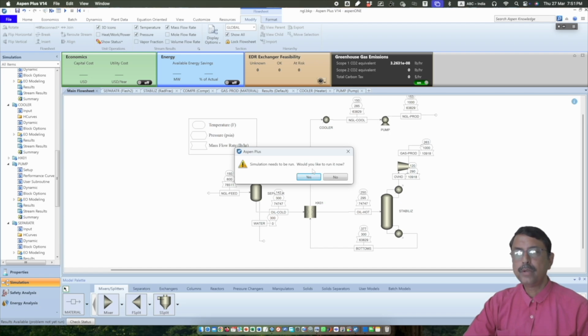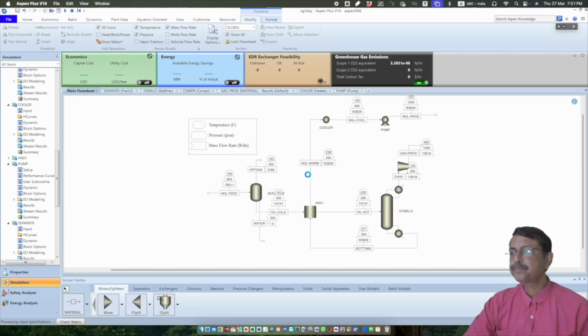Would you like to run it now? You have to say yes. Let us run the simulation. Okay, now it has run. Now you can go to the safety analysis.